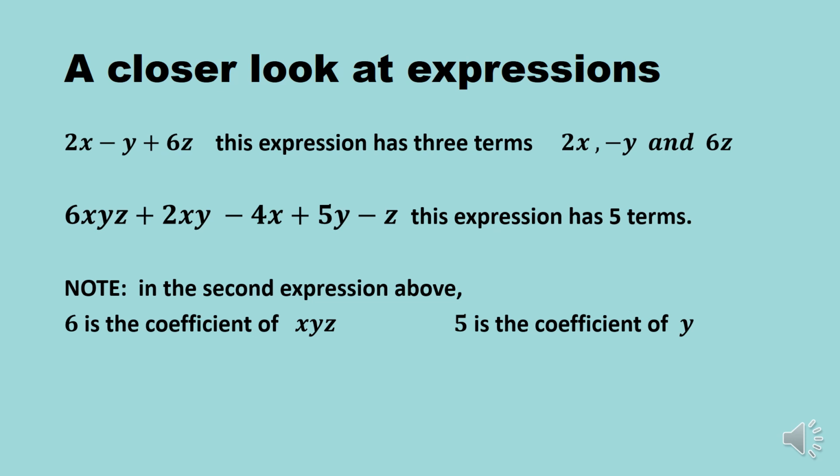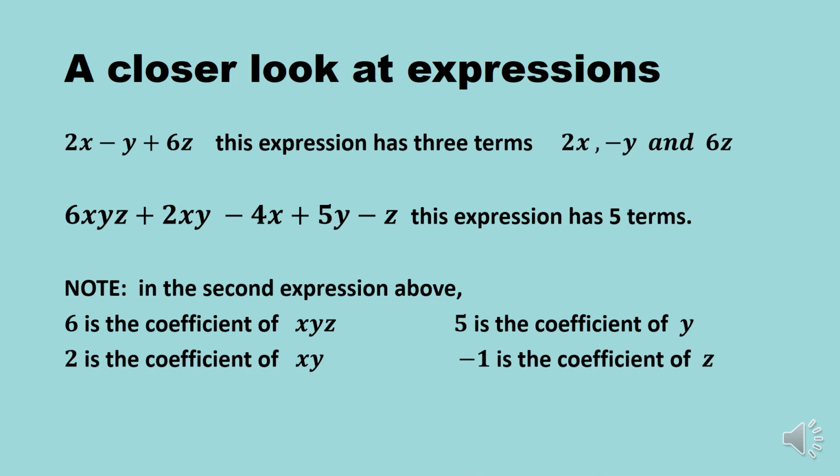In this expression, which has 5 terms, we can tell which one is the coefficient of which variables. 5 is the coefficient of y, 2 is the coefficient of xy, negative 1 is the coefficient of z, and finally negative 4 is the coefficient of x. I hope so far you are able to really tell the difference.